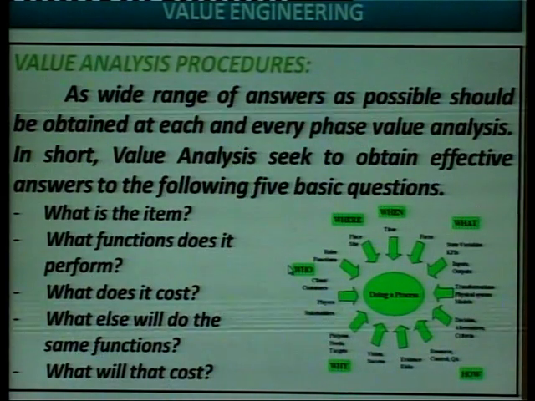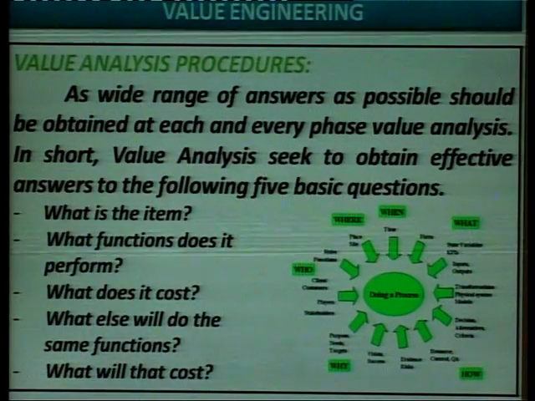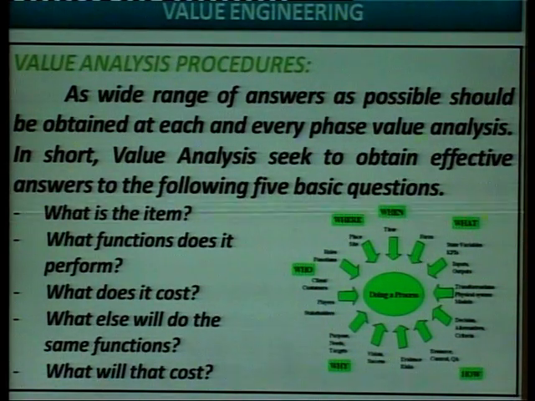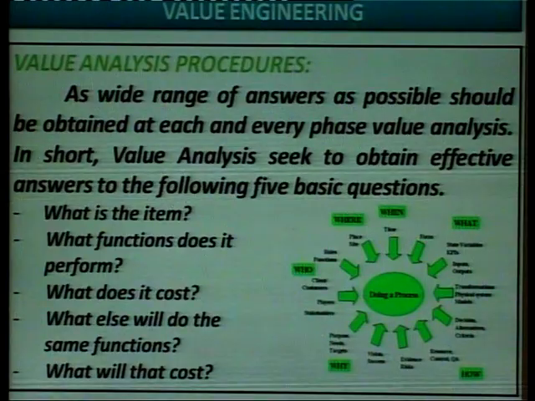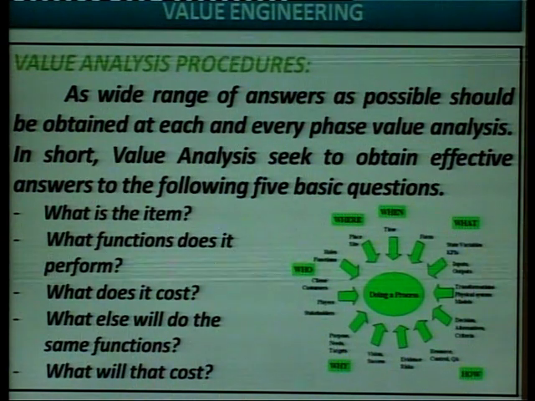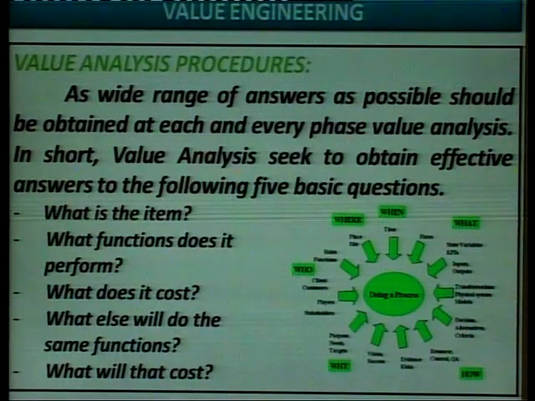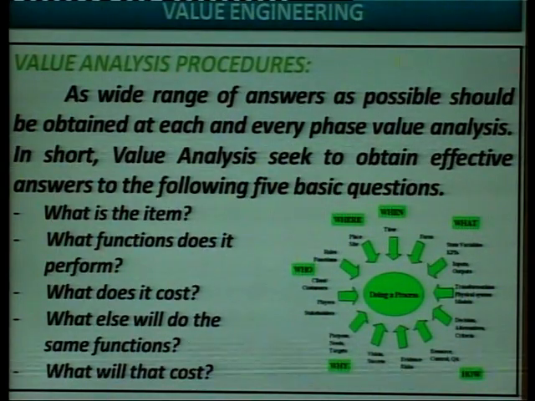As wide a range of answers as possible should be obtained at each and every phase of value analysis. In short, value analysis seeks to obtain effective answers to the following 5 basic questions. What is the item? What functions does it perform? What does it cost? What else will do the same functions? What will that cost?